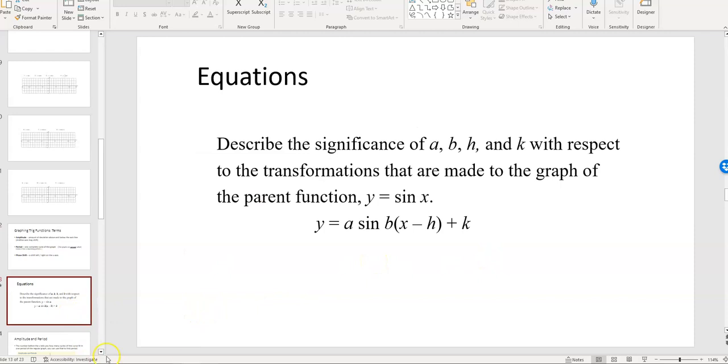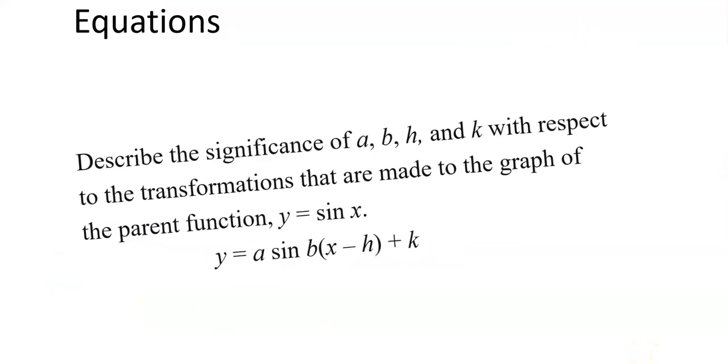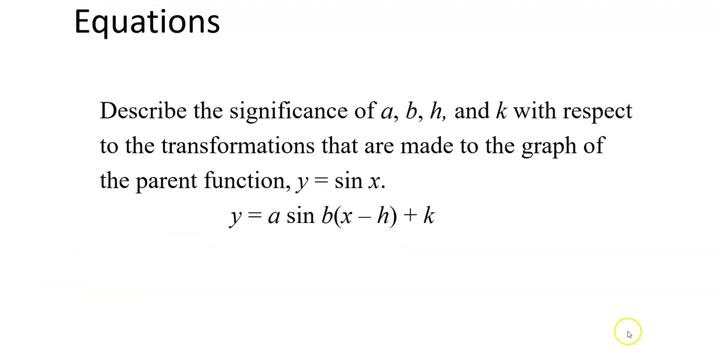So these types of equations can all be combined, right? I gave them to you in pieces, but they can be combined together to look like this. So what changes what? The a over here changes the amplitude. So the a changes the amplitude.